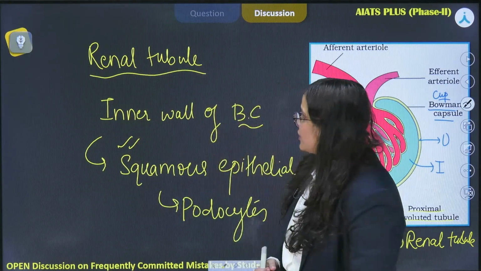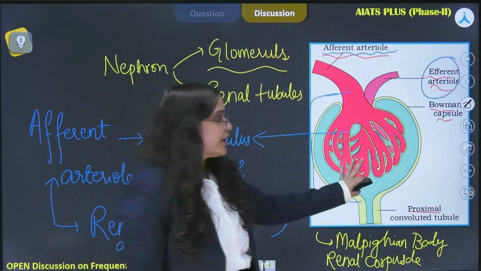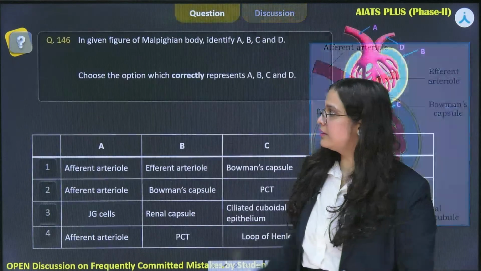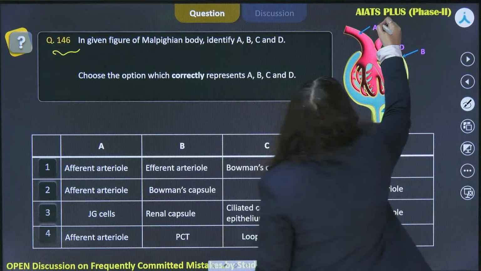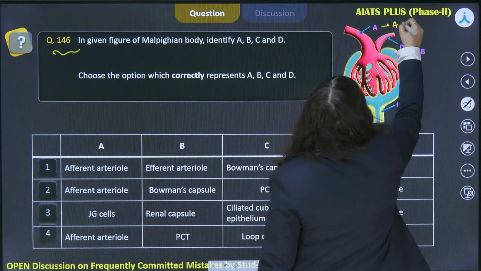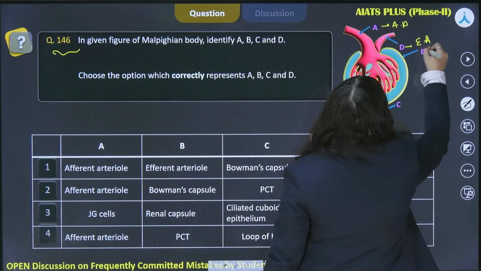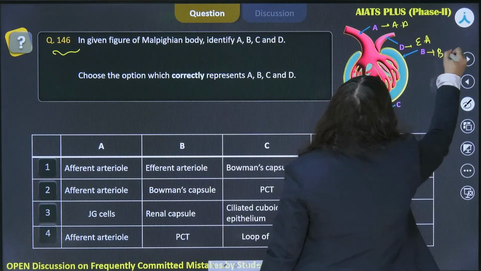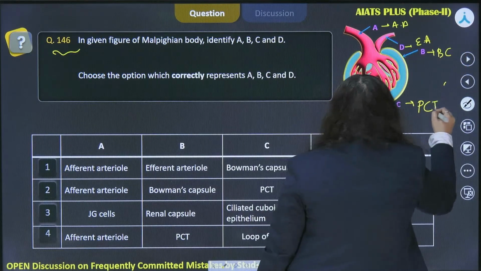All right. So these were some of the important points when we look at the structure of the Malpighian corpuscle. So as discussed, A here should be efferent arteriole, D is efferent arteriole, B is the Bowman's capsule, and C is the PCT.